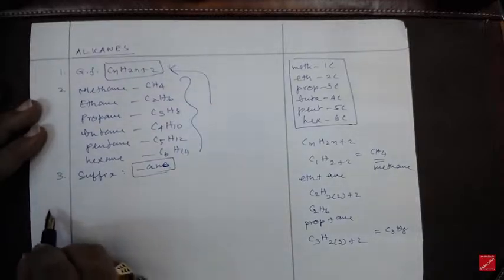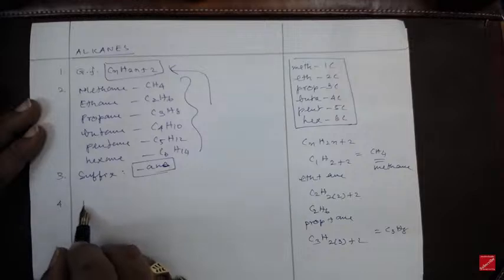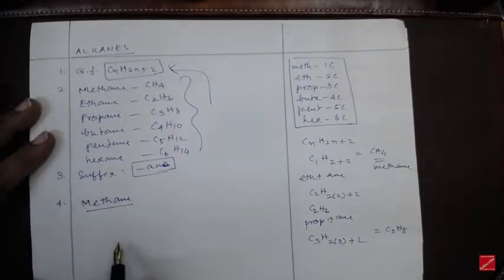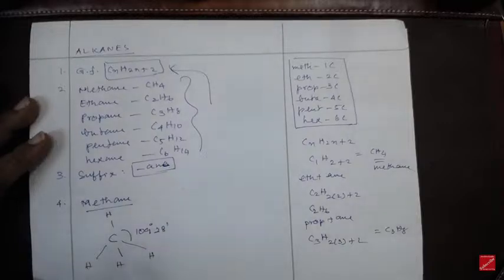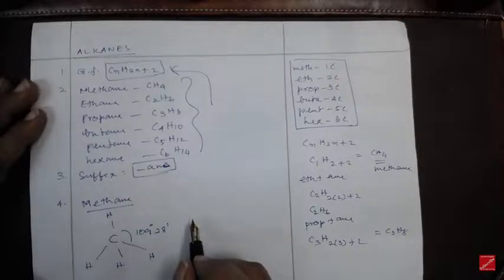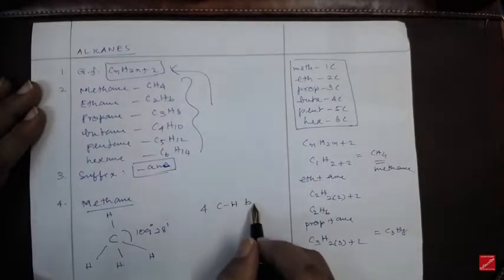And let us consider the structural formula of methane. It has a tetrahedral structure like this, and the angle between the CH bonds is 109 degree 28 minutes. So they have 4 CH bonds.